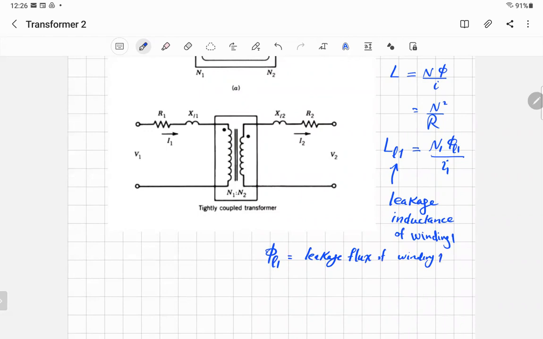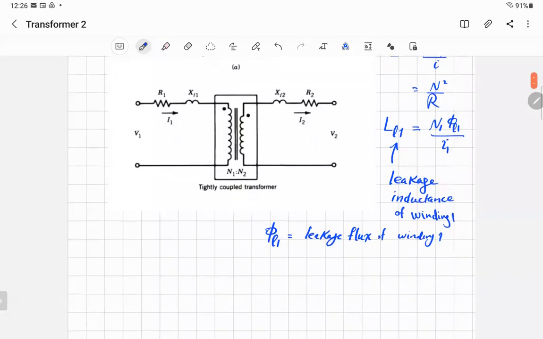And once we found the inductance, which relates the flux to the current, we can find X, the reactance. How can you find the reactance? We know there is a general formula: the reactance is equal to omega L, and omega is equal to 2 pi f.